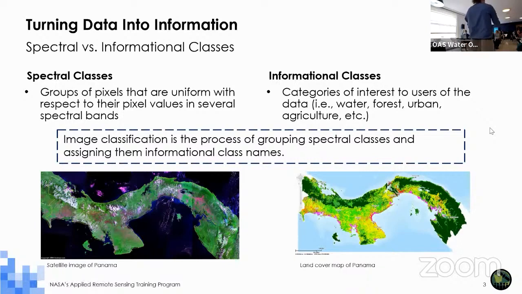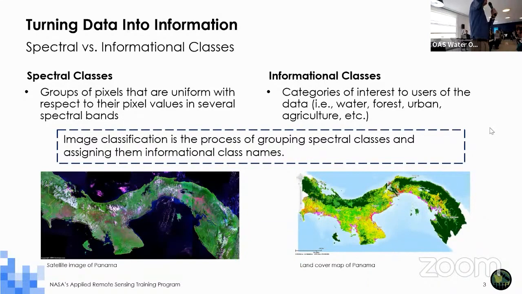It could be the green, the blue, the red, the near infrared, the shortwave infrared, the thermal infrared, stacking all those up and then plotting them out on a curve based on the reflectance of those different bands, and then grouping those pixels based on where they are on that graph.